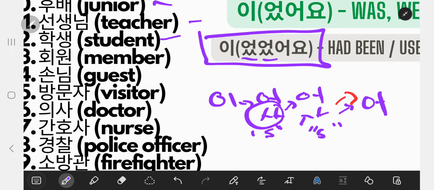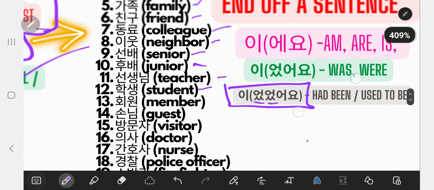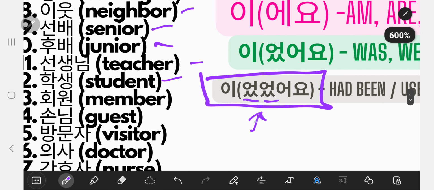Yeah, so you do also have to do a lot of preemptive thinking, right? Before you say it, you have to look at the front first and see if it's a vowel or a consonant sound ending. Otherwise, you'll sound it wrong. But what I recommend is that you memorize how to say it.